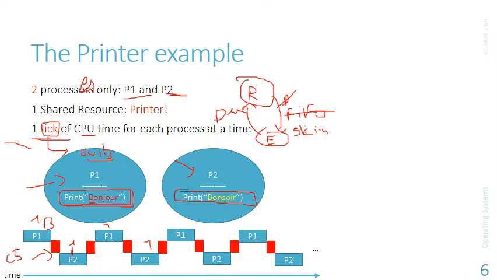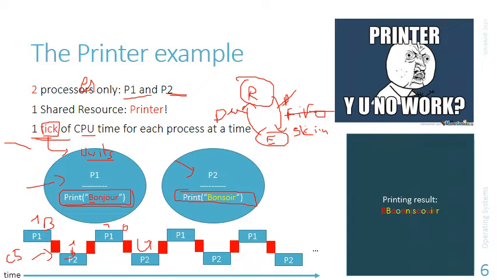So B, B, O, O, etc. And we're gonna end up with that particular message. And this is not good. This is not the fault of the printer, it's just the fact that we're using a mechanism and we're not protecting the printer, so hence we ended up with that. And today's lecture is about how to deal with that situation and how to prevent getting to a situation like that.